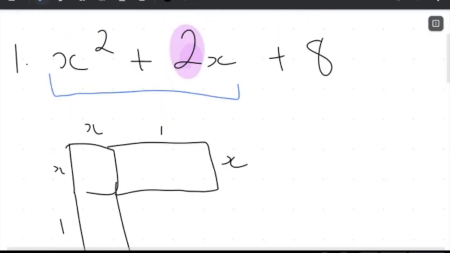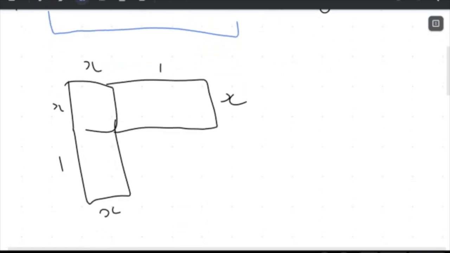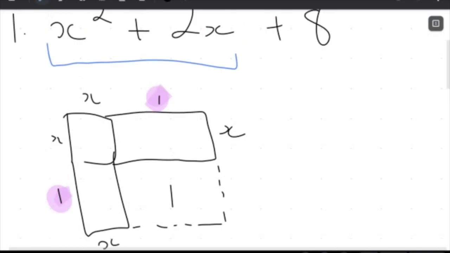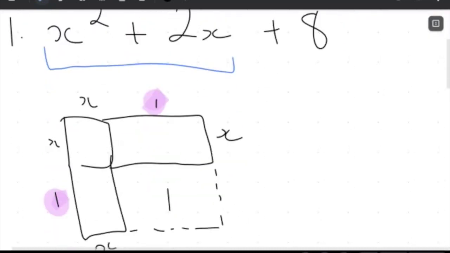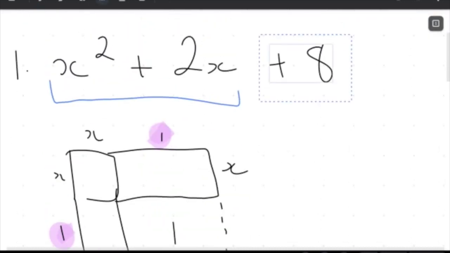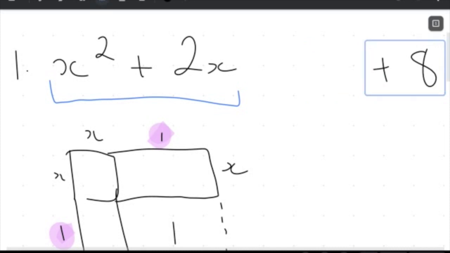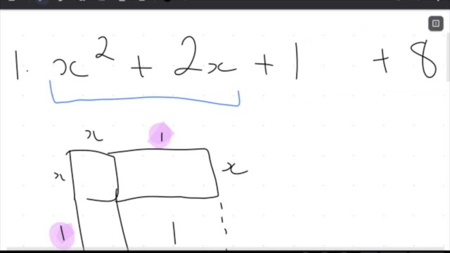We noticed that to make this blue underlined section x squared plus 2x into a perfect square, we needed to add some area which was a unit of 1 by a unit of 1. So we would get 1 squared here, which is just 1. So in order to give us a perfect square, we have to plus 1 here.